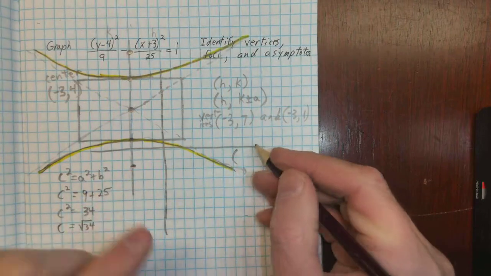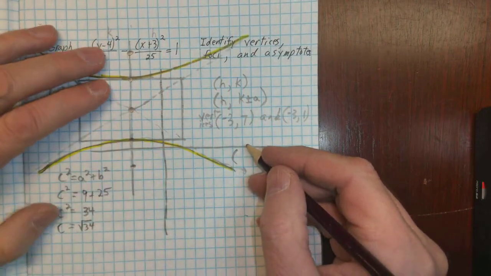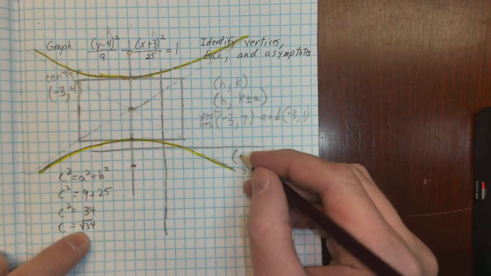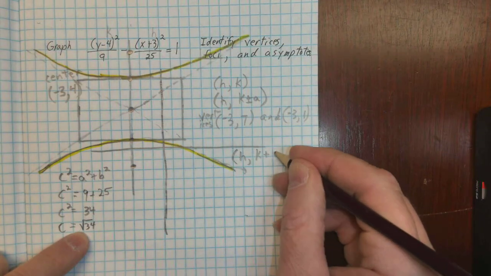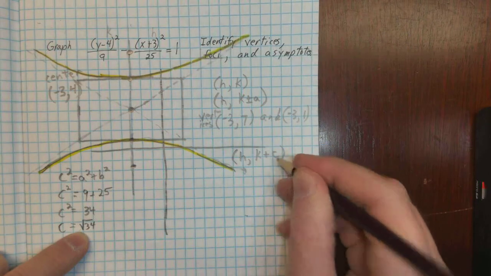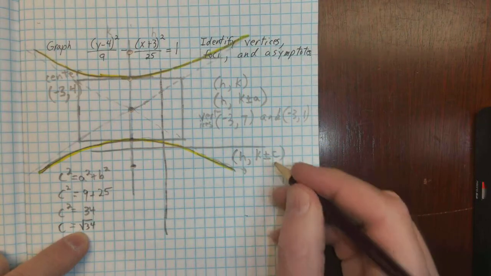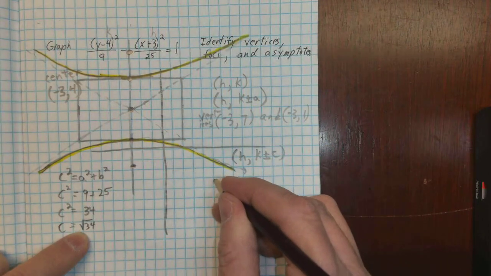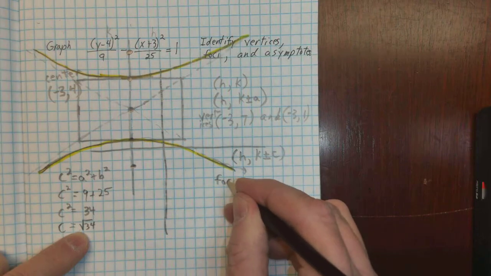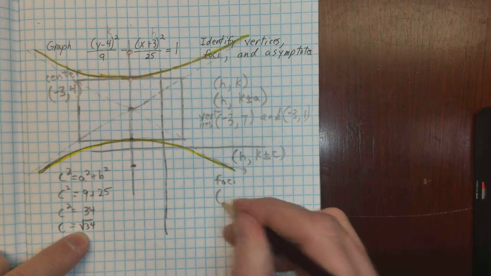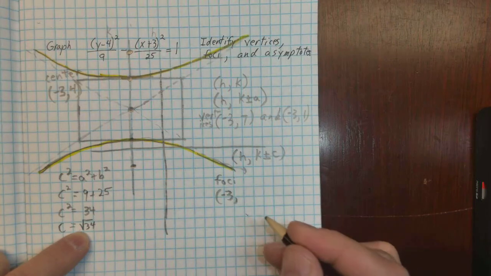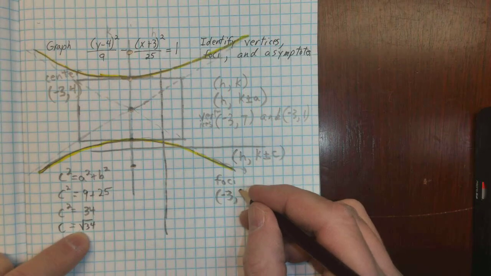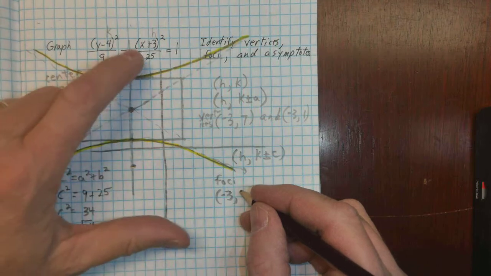For this particular one, I'm going to add the square root of 34 to the y-coordinate, and I'm going to subtract it. So our foci are at (-3, and then k was 4, right?